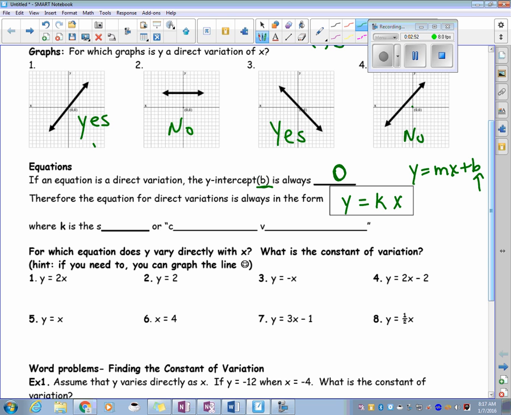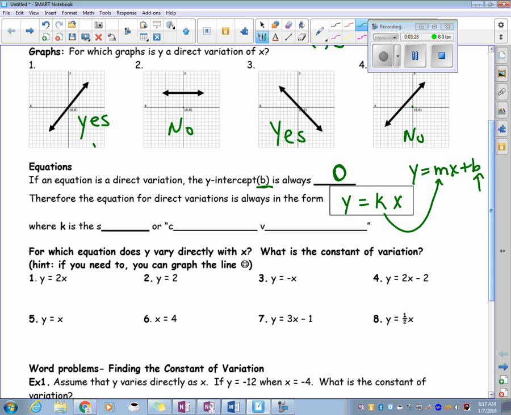Your math textbooks call the variation k, but k is the slope. It is the same thing as m, but when they're talking about variation, they call it the rate of change, or k. So k and m are the same thing. In direct variation, k is the slope.